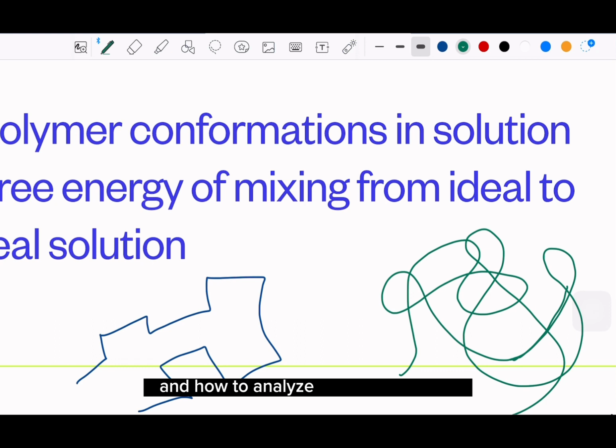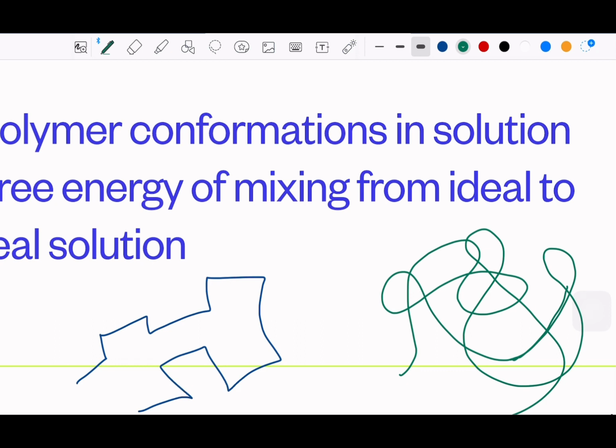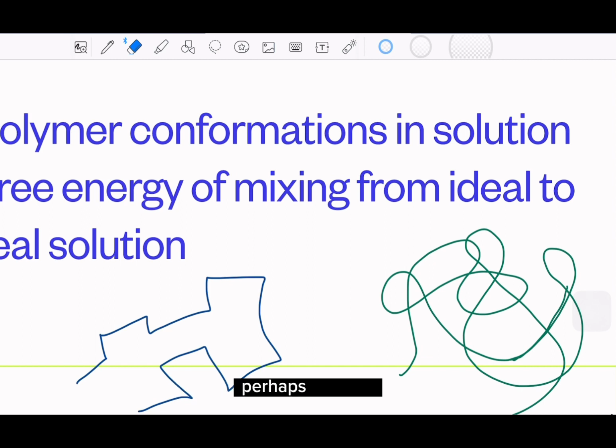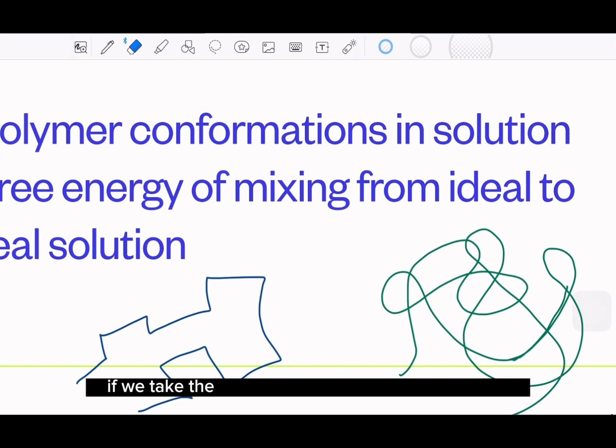And how do we analyze the polymer? If this is just a single chain like this, perhaps it's easy: if we know the monomer and the dimension, we could measure easily. But if it is coiled like this, and this is the real structure we might have in a polymer, how do we analyze it? One way is to take one end of the polymer and the other end.